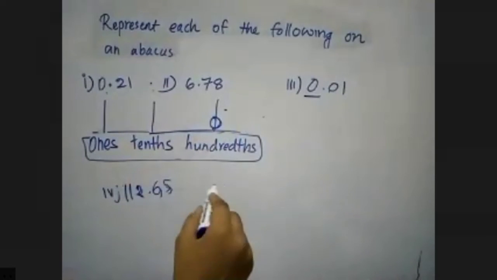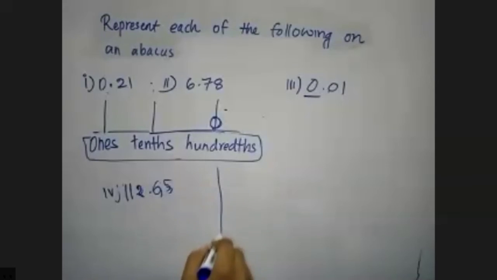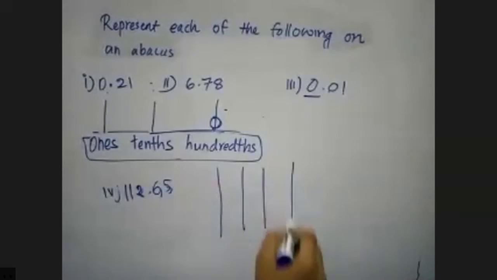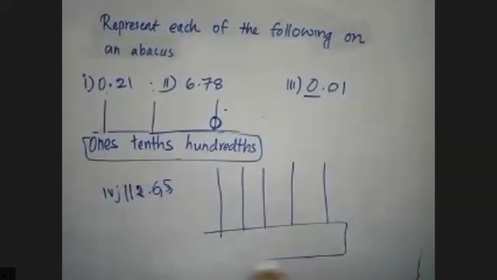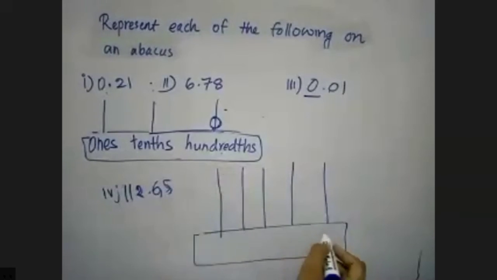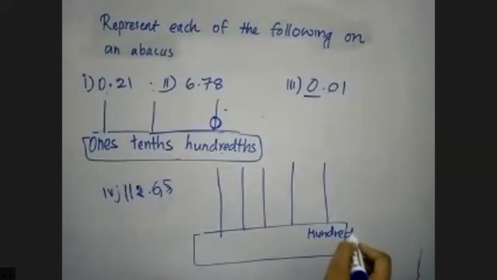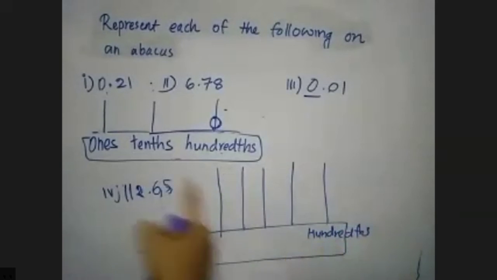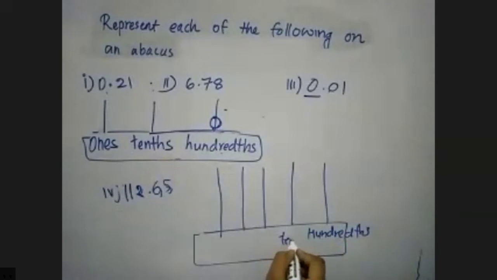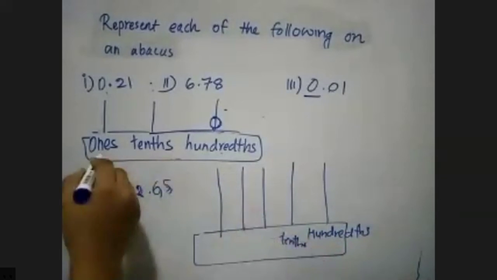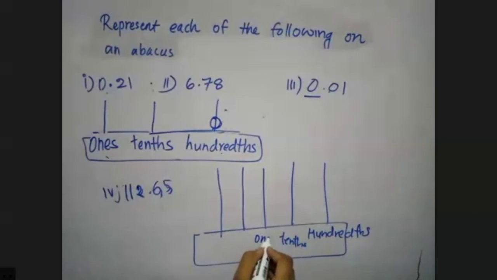Now look at the last one, the important one. I have to draw 5 strands. How do you name this? Now look. The last one is hundredths, H-U-N-D-R-E-D-T-H-S. Before that, tenths, T-E-N-T-H-S. Here I can write ones, and this one is tens.